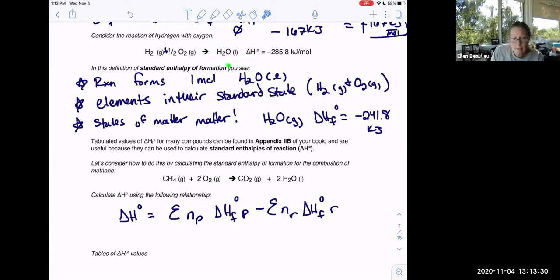So products are on the right. So the delta HF signs should stay alone. But we need to reverse the signs of the delta HFs for reactants because the reactants are products in their heat of formation reaction and we need them to be reactants. So that's why we subtract that contribution.